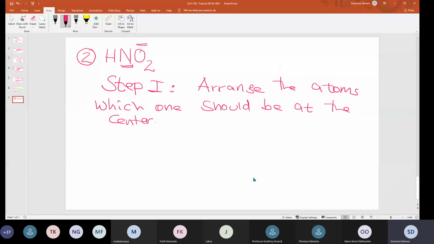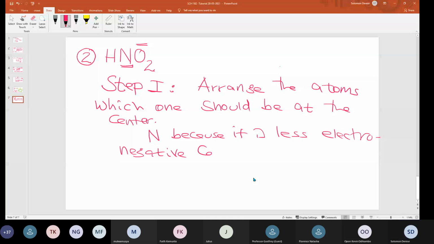Nitrogen, because it is less electronegative compared to oxygen. So even when you are answering questions like this in this unit or any other, don't just assume. Whatever you think, write it. So we'll have hydrogen on the outside, of course.